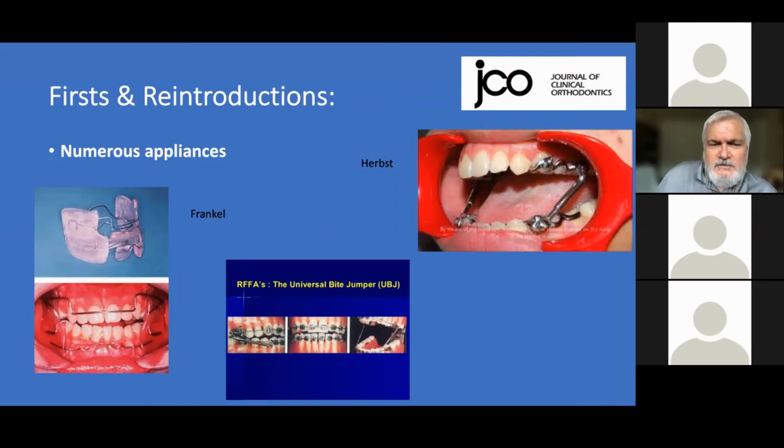But here are two functional appliances that existed for years before JCO was ever around, not used very much, but in the last half of the 20th century, these appliances were reintroduced first in Europe and then in the US, and used with tremendous success. And JCO was instrumental in making American orthodontists aware of the unique benefits of these types of appliances.